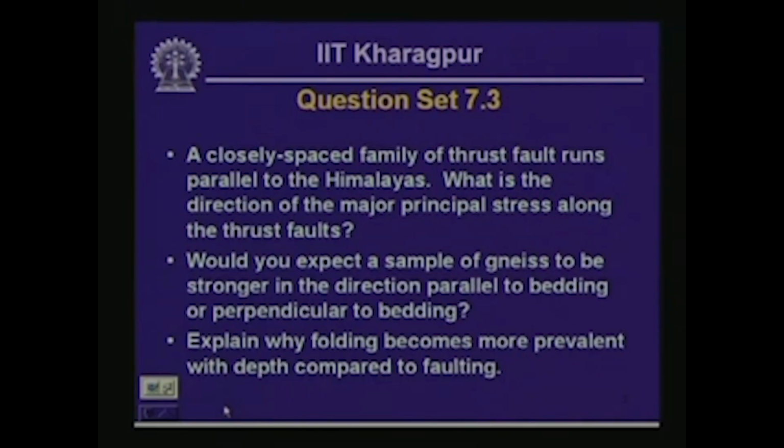So, all these reasons are pointing towards the fact that we are going to get a brittle behavior when we are considering an element near the surface, and because brittle behavior leads to faulting and ductile behavior on the other hand leads to folding rather than faulting, we get more faulting near the surface of the earth, and the amount of faulting becomes less and less prevalent as the depth becomes more and more.